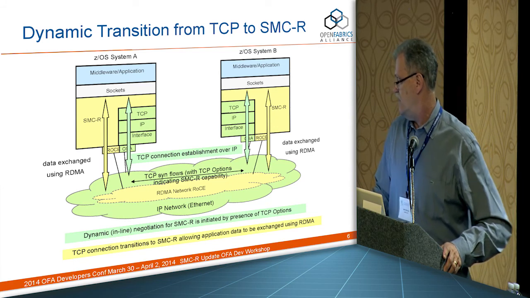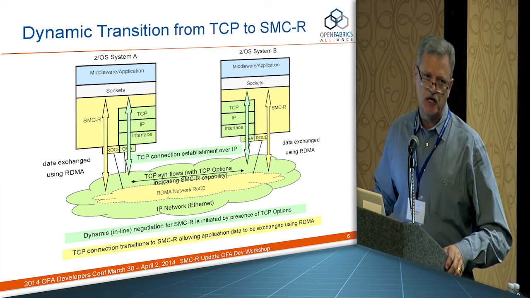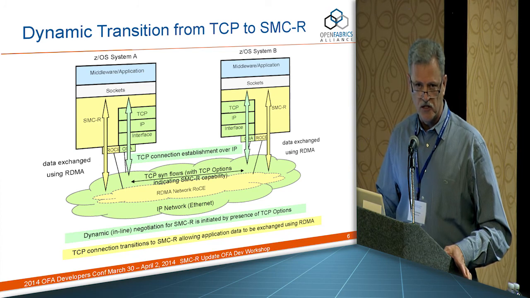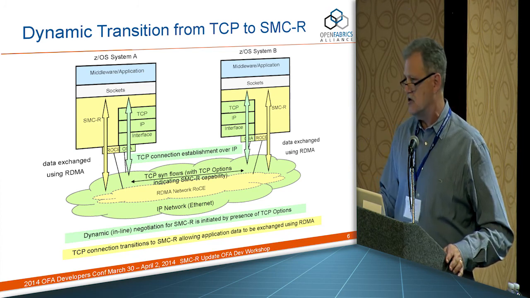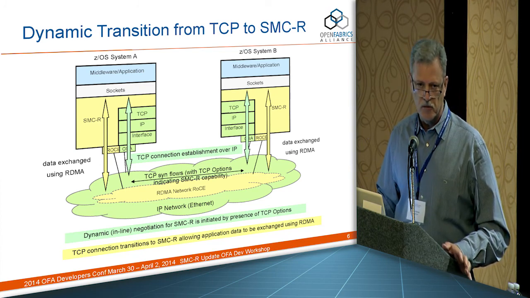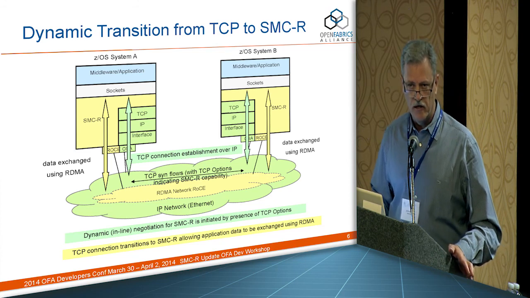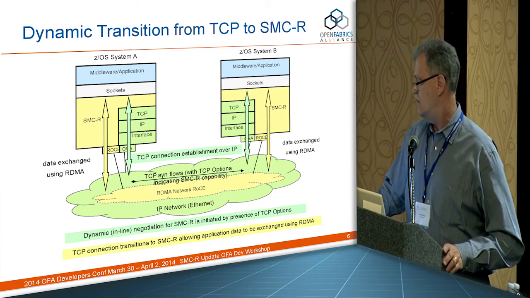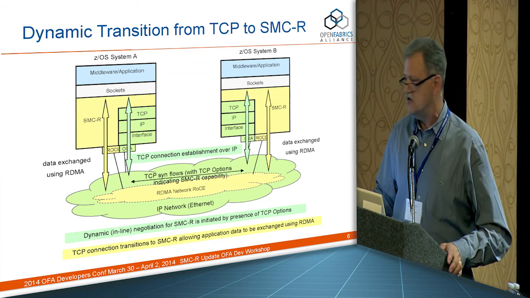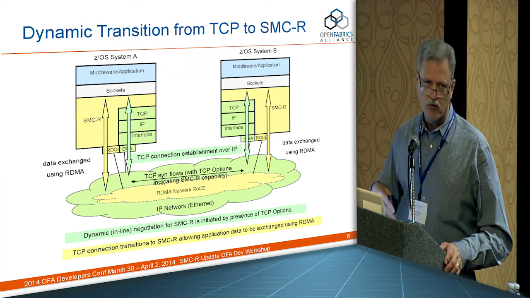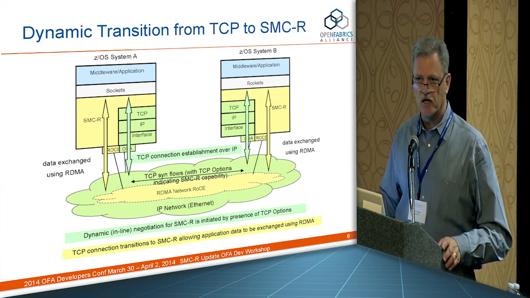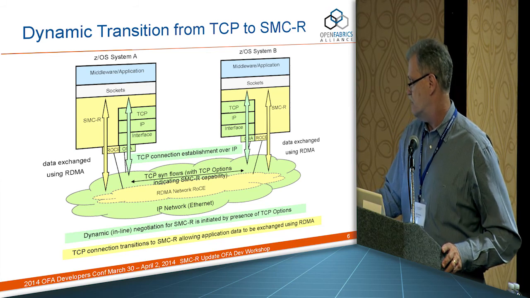What happens then is we will exchange application data using RDMA semantics, and all of this is transparent to the application middleware. It's completely compatible with the Sockets API in terms of all the requirements that socket applications expect, everything from the programming threading model to all the semantics of the various socket calls.